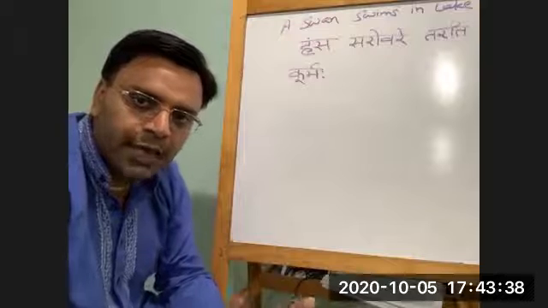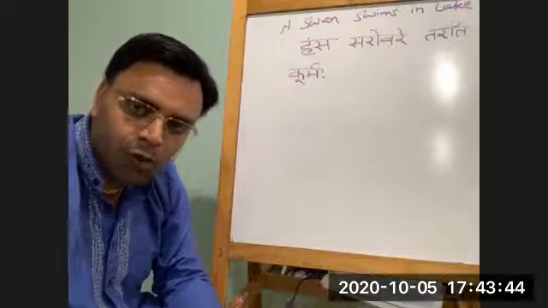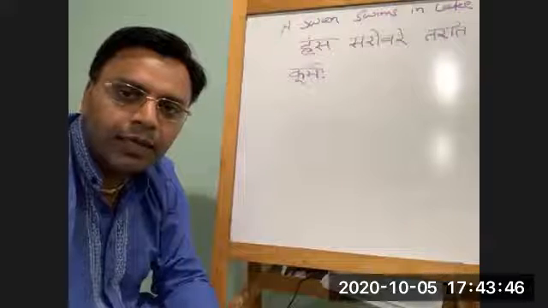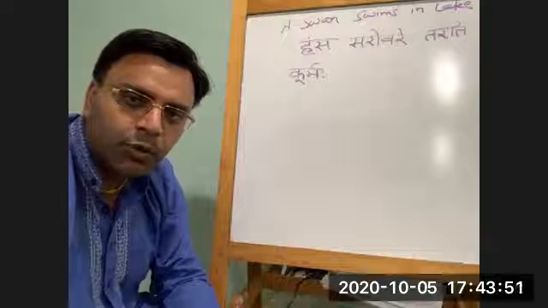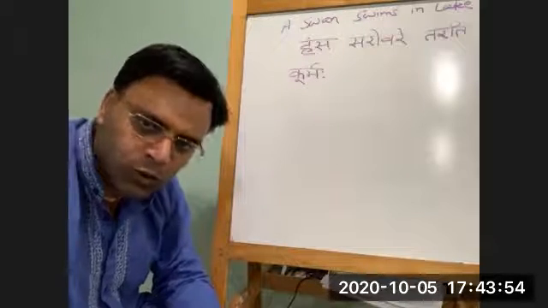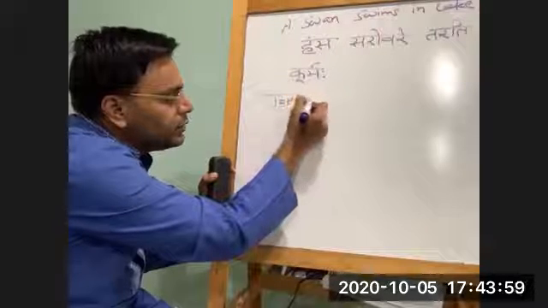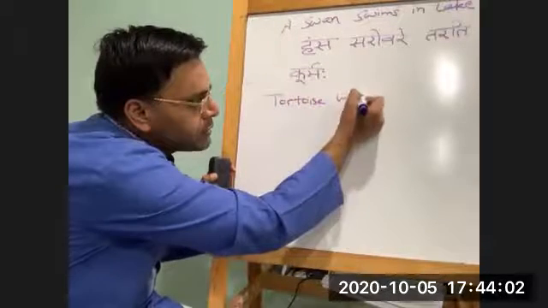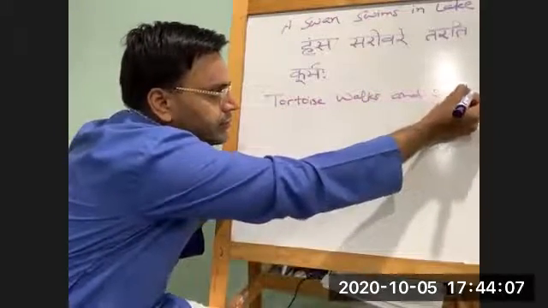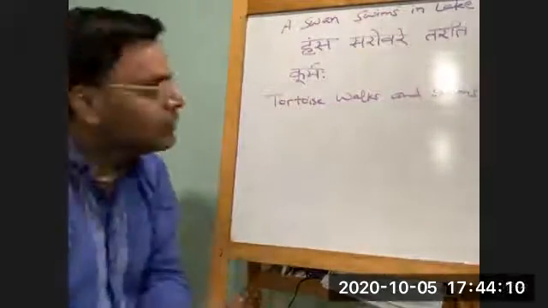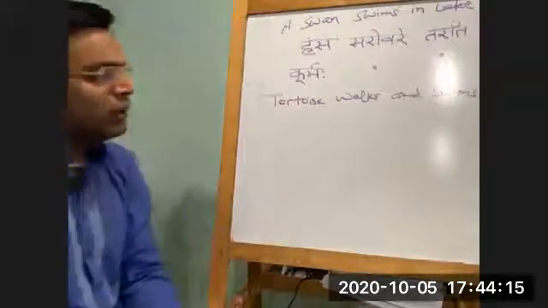Actually, tortoise can float also, means can swim also in the water, and tortoise can walk also on the land, right? He can do both things. So if you want to just describe, a tortoise swims also and walks also, right? If you want to say tortoise walks and swims, what will be the sentence for this one?